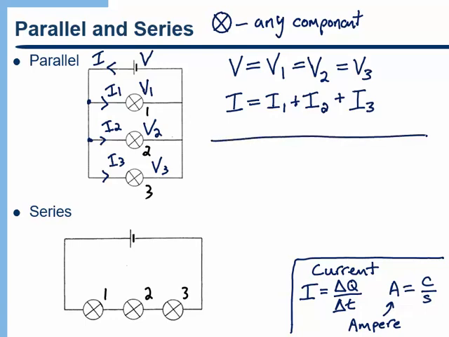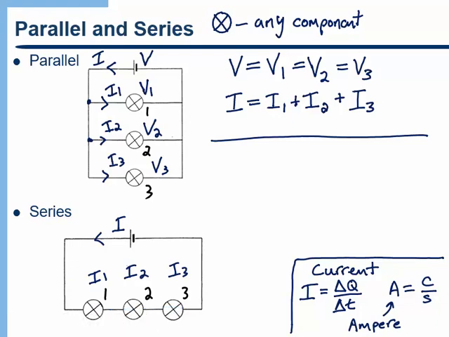Okay, let's talk about series circuits. In a series circuit, the current that leaves the battery is going to be the same as the current everywhere because you'll notice the current has nowhere to go. Once it's coming along here, it has no choice but to go through our first circuit element or our second or our third to get back to the battery.